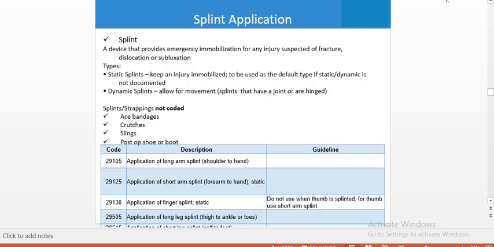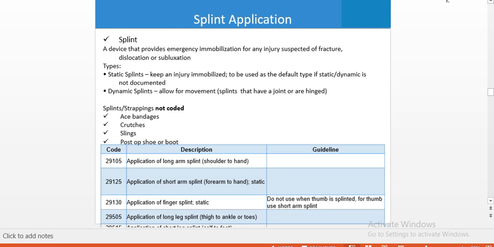A splint is a device that provides emergency immobilization for any injury suspected of fracture, dislocation or subluxation. The definition itself informs us of emergency immobilization. Immobilization means stopping of movement of the joints.